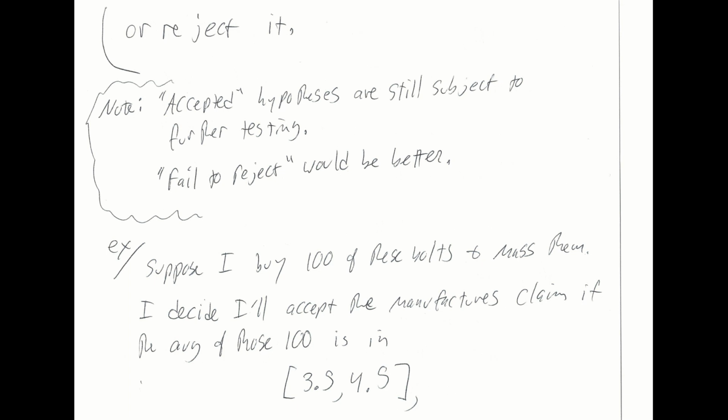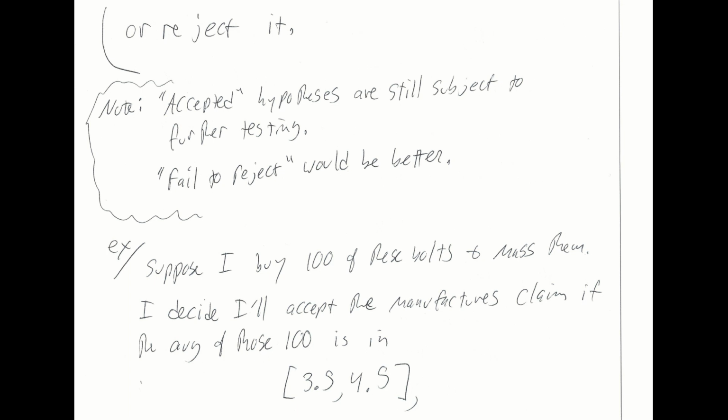So really it might be better to say that we fail to reject the hypotheses or we reject the hypotheses. We never accept them, and they never become dogma of some kind. They're always subject to further testing. For the sake of convenience, people do talk about accepting the null hypothesis versus rejecting it, but it's just worth noting that it would be more accurate to say we either reject the null hypothesis or we fail to reject it. We have no reason to reject it at this point.